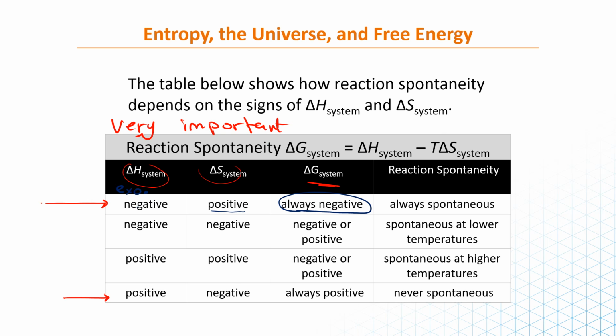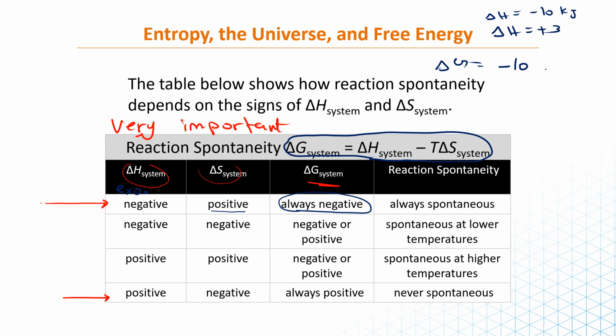Imagine that delta H equals minus 10 kilojoule, and the delta S equals, what can I say? Positive 3, for example. So if you do minus 10 using this equation here, the delta G is delta H, minus 10, minus the temperature, whatever it is, times 3.